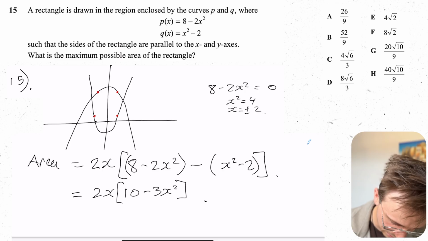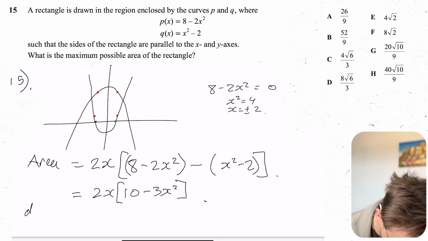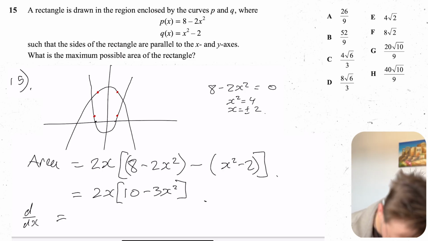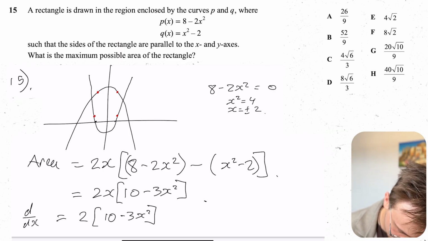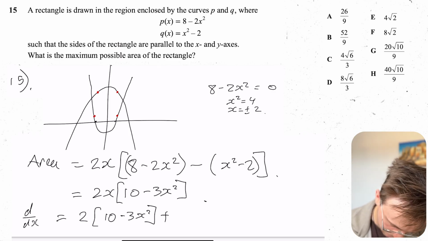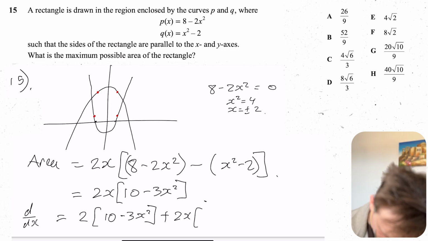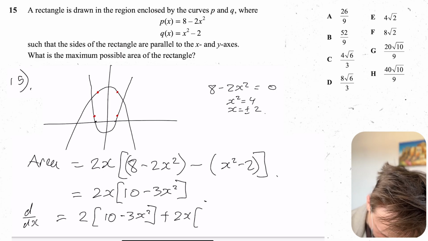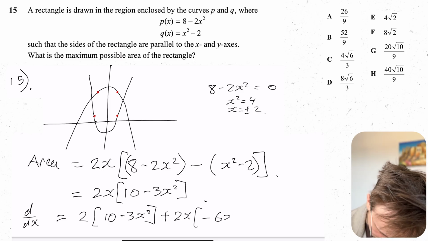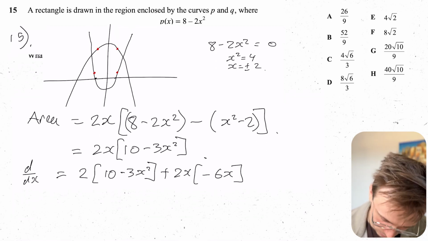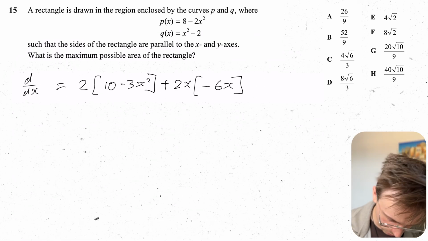So to maximize this area, differentiate: dA/dx equals 10 minus 3x squared plus 2x times minus 6x. Okay, so copying this and moving on to another page.